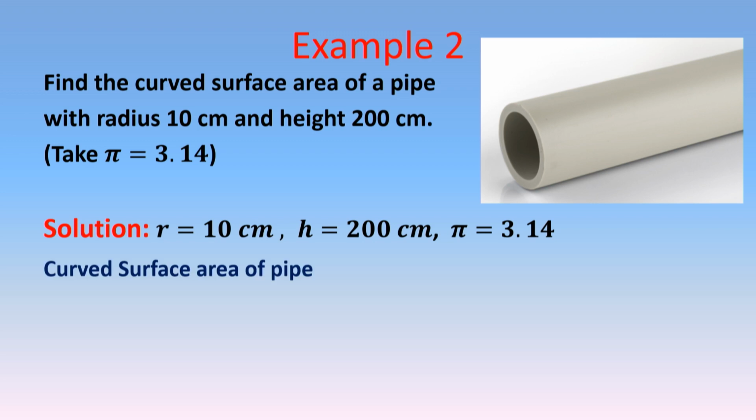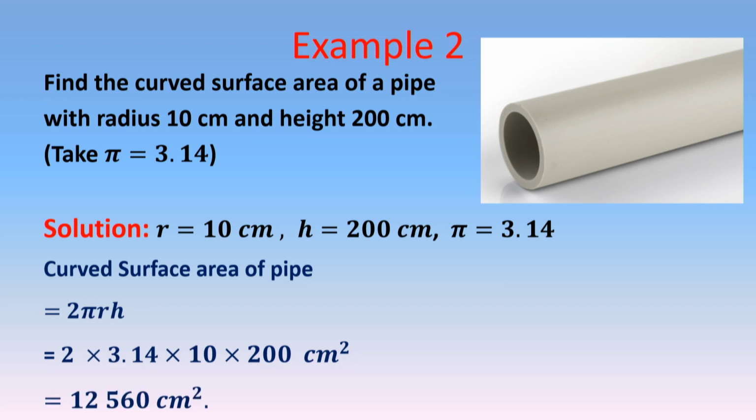Curved surface area of pipe will be given by 2 pi r h. We plug in the values for r, h and pi, and we simplify to obtain 12,560 centimeter square. So the curved surface area is given by 2 pi r h, and after replacing the values, we obtain 12,560 centimeter square.